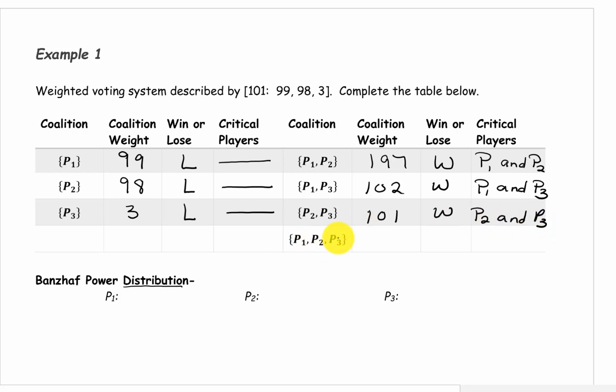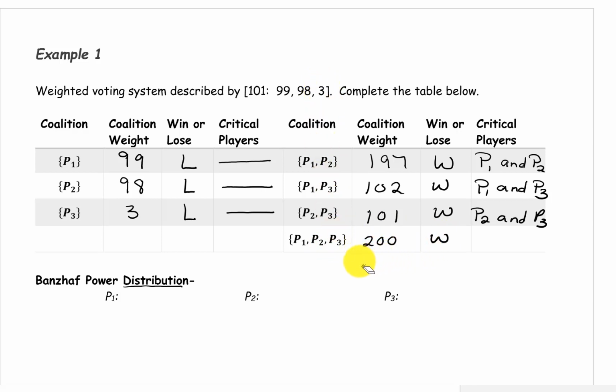And the last one, the coalition containing all 3 players. The weight of this is 99 plus 98 plus 3, which is a total of 200. This is a winning coalition. If we remove player 3, that will only bring the weight down by 3, so that would be a weight of 197.